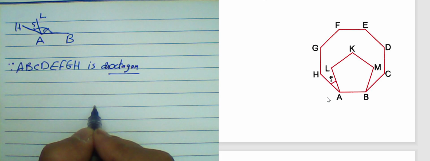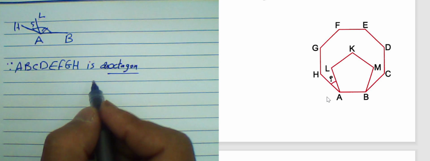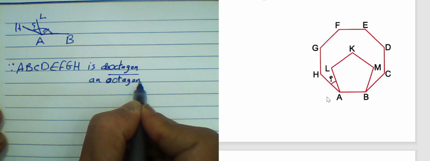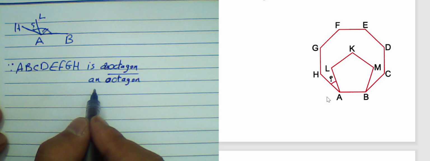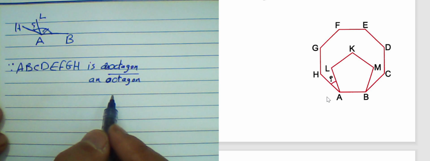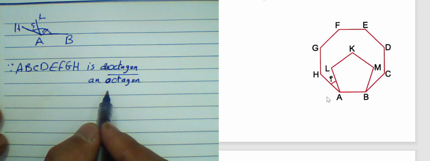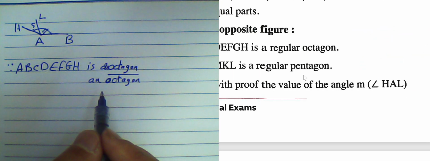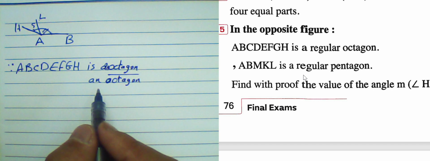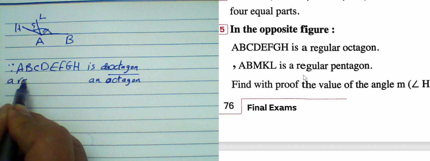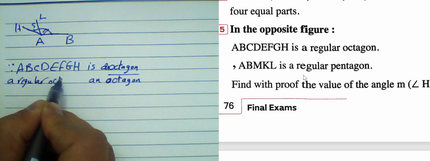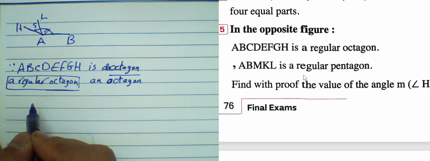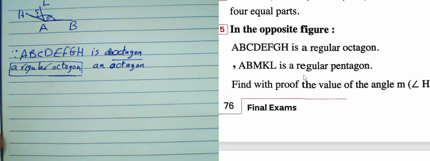Octagon means it has 8 sides, and it's a regular octagon. What does this information in the example mean? We have a regular octagon. What about a regular octagon? It means all sides have equal lengths and the measures of all angles are equal.